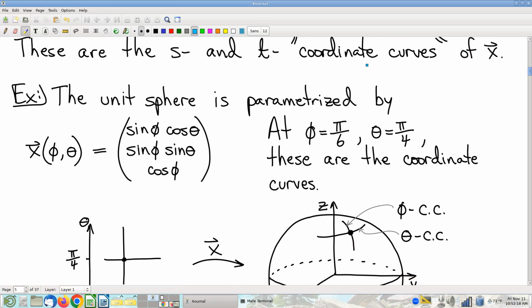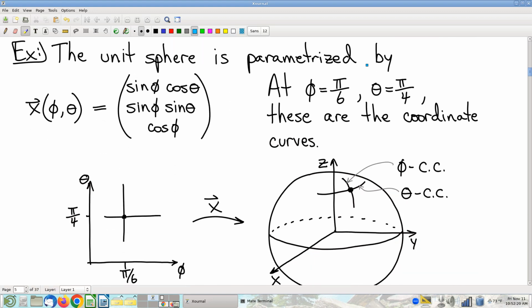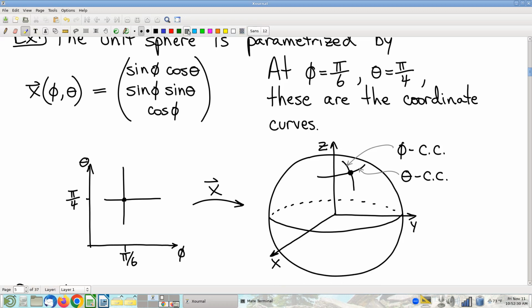So a nice example here, I like the sphere. Let's talk about the theta coordinate curve. The theta coordinate curve is what you get where you fix a value for phi. So phi is not allowed to change. Phi is now stuck at being that angle like that. No changing for phi.